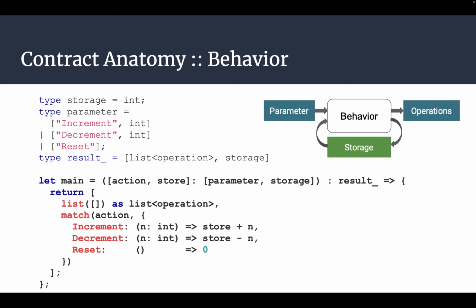So in the increments we have n, which is an integer, and we decide to implement the storage here, the store, and we return the store incremented by n. We decrement the store once we match the decrement operation, and we reset the store to 0 once we match the reset parameter.